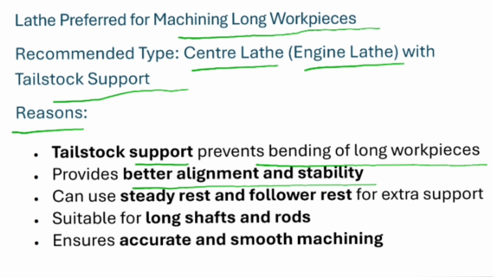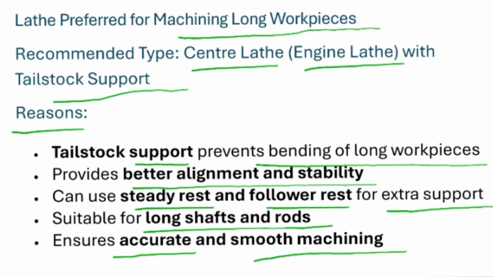You can use a steady rest and follow rest for extra support. It is suitable for making long shafts and rods, and it gives good accuracy and smooth machining. So we can use this lathe.